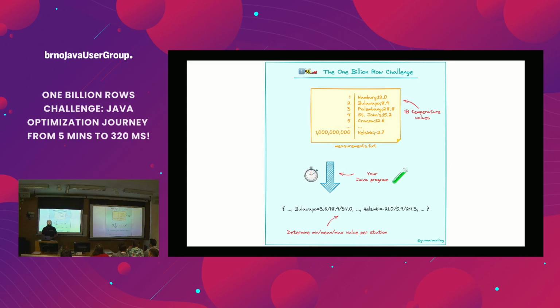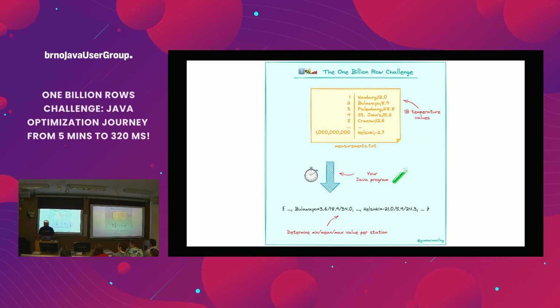He gives you a file with 1 billion rows, and in each row there will be the name of a city, the station, they call it, a semicolon, and a temperature. Your goal is to write a Java program, running on top of the JVM, written in pure Java. It will do very simple aggregation.